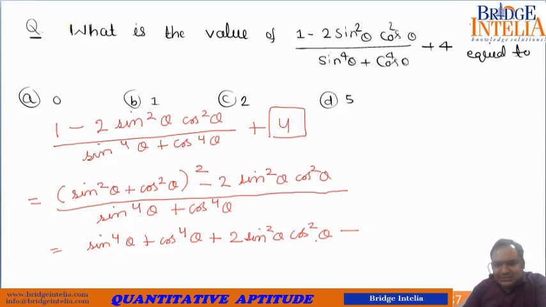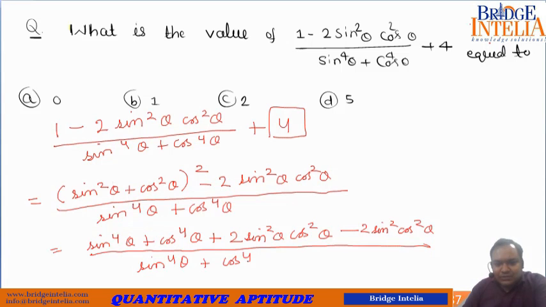So we have just expanded that, and now we are simply putting this term here, minus 2 sine square theta cos square theta, whole divided by sine to the power 4 theta plus cos to the power 4 theta.